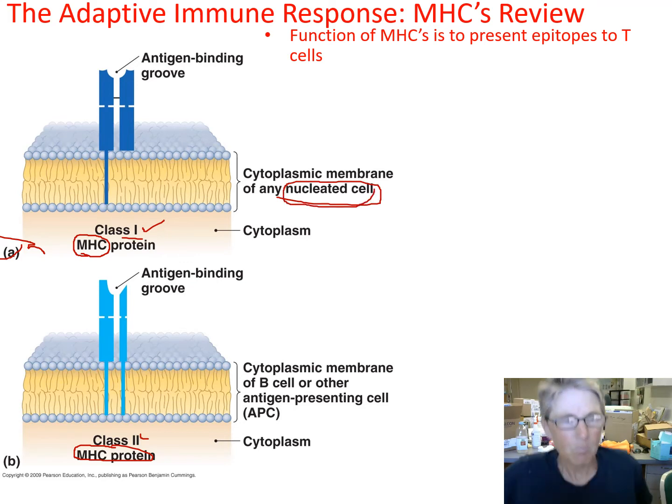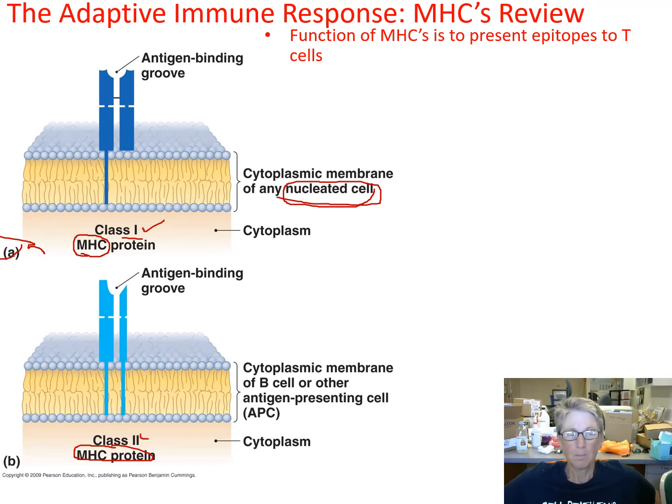And because I kind of like to do the military theme with the immune system, your own MHC proteins are kind of like your dog tags. They are unique to you. So all the cells of your body, all the nucleated cells, have your specific class 1 MHC protein in their cytoplasmic membrane.